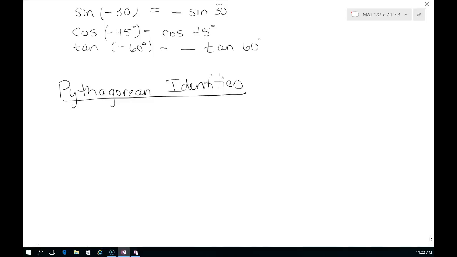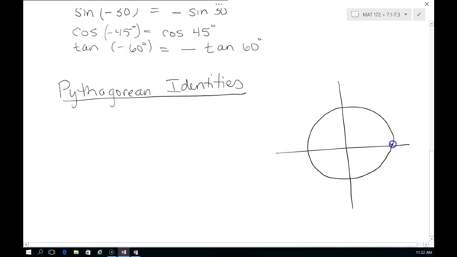So you don't necessarily need to think of it as memorizing three separate identities. Our unit circle, the reason it's called a unit circle is because it has a radius of 1 unit. So if you remember back from algebra class, this is a circle centered at the origin with a radius of 1. The equation for that circle would be x squared plus y squared equals 1.